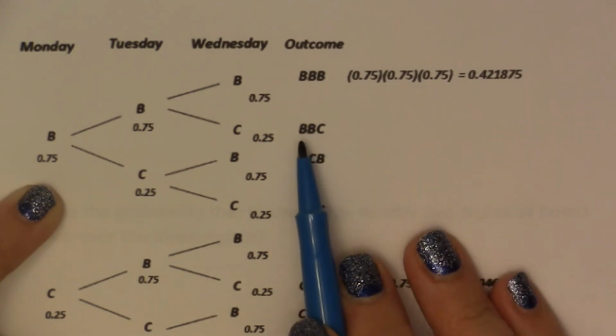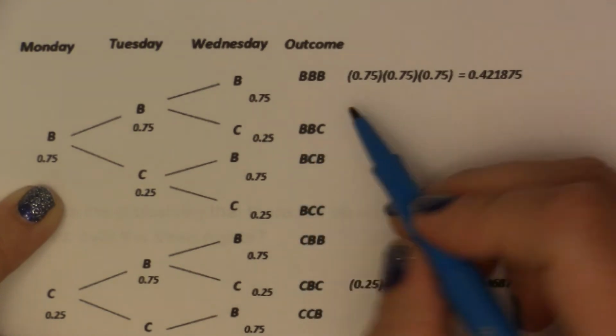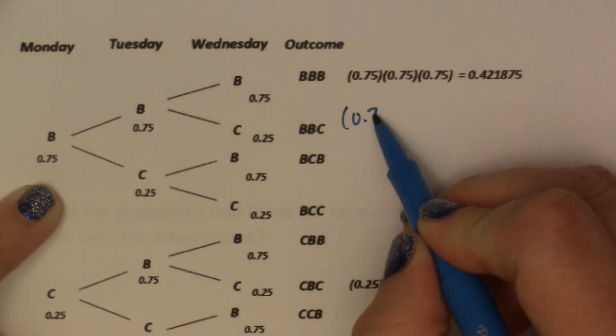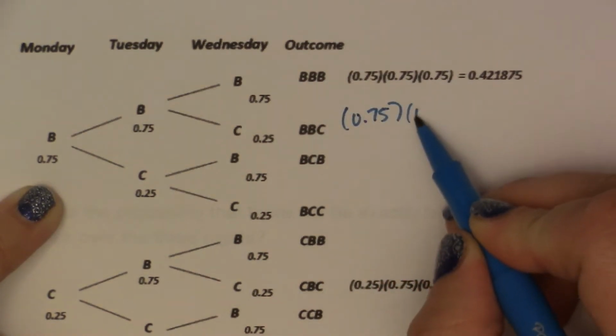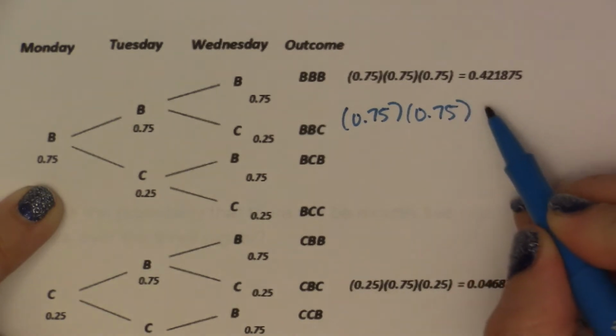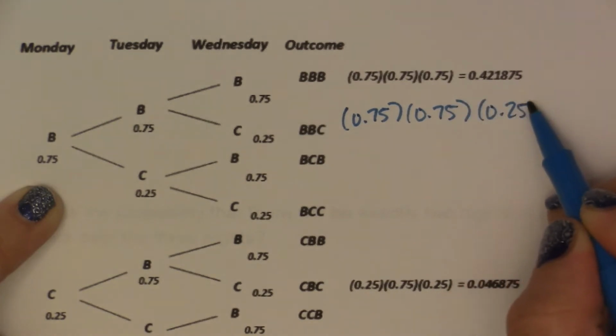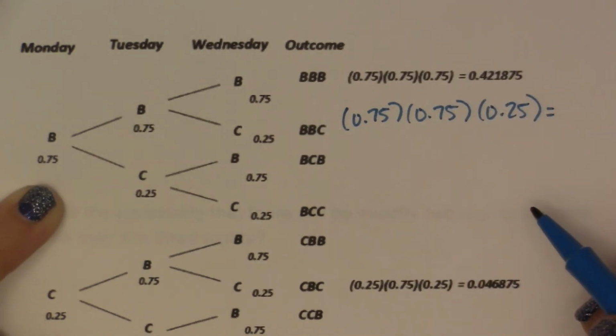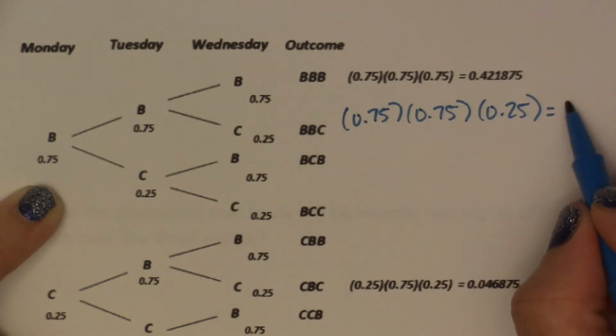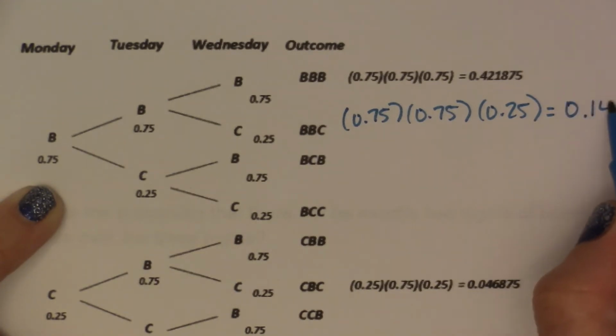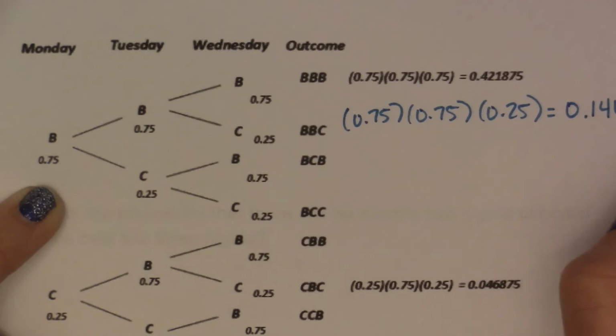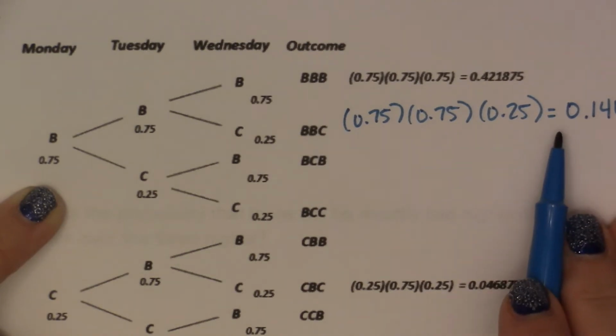All right, so for board game, board game, card game, we've got 0.75 times 0.75, and then our card game is 0.25. And when we multiply that out, we get 0.140625.